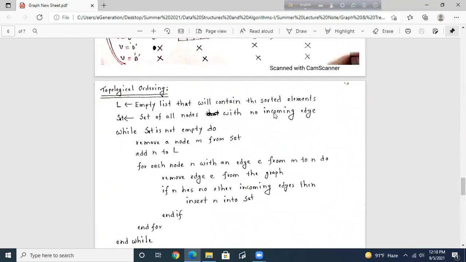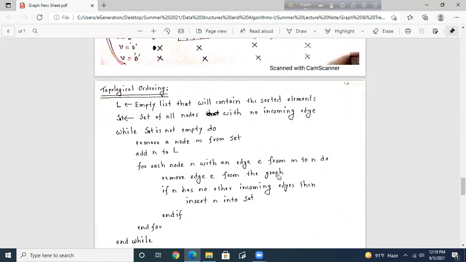Our last topic was topological ordering. We want to find out the topological order. Now at first you have to know what is topological order.